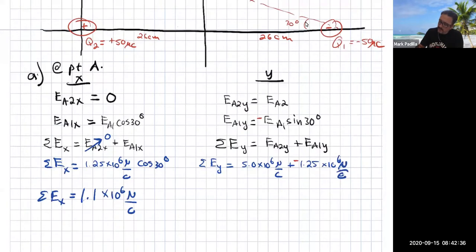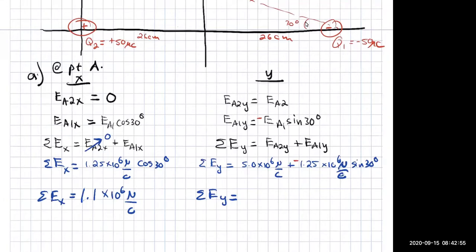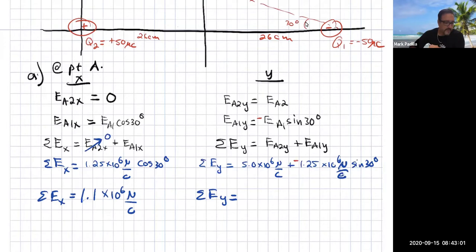And then 1.25 times sine 30 degrees, the sum of the y's. What's the sum of the y's? I got 3.75 times 10 to the 6th. Oh, no, ignore me. I got 1.25 times 10 to the 6th. 5.0 times sine 30 degrees. What's sine 30 degrees? That's 1/2, right?